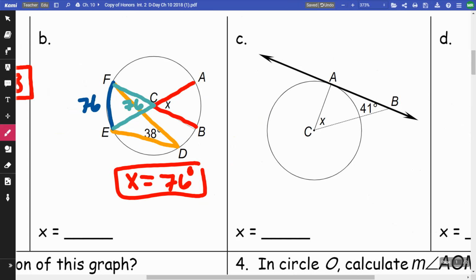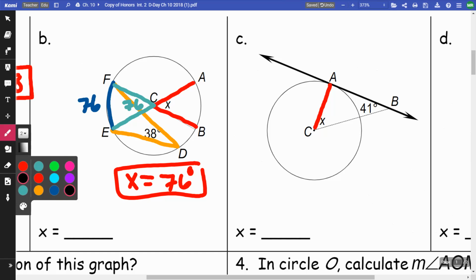On C, this is a radius that is touching or meeting at the point of tangency. Okay, that's the point of tangency. So that means that this has to be 90 degrees. So we have this triangle here with a right angle.